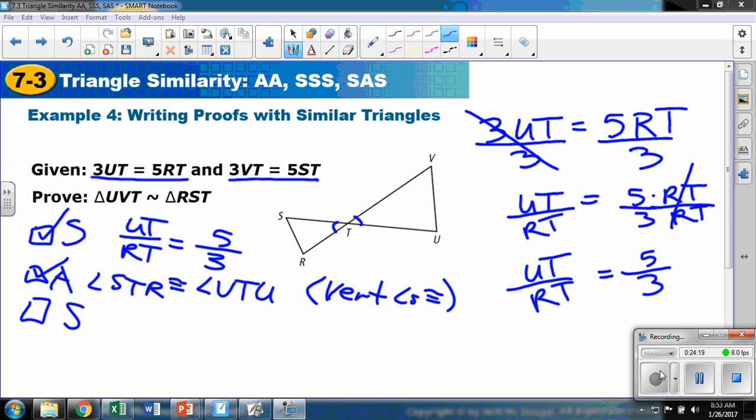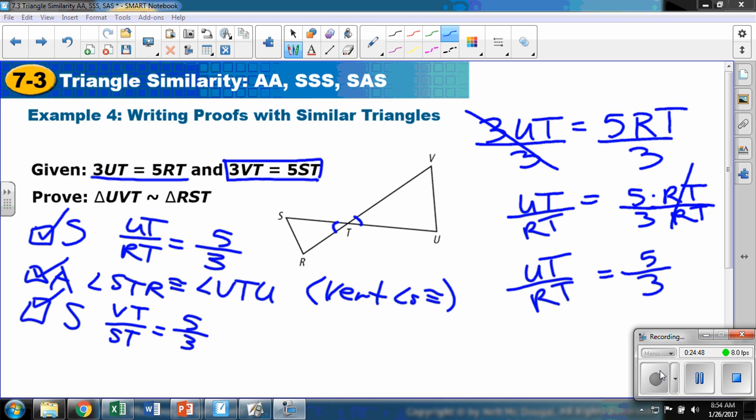Using a similar algebraic manipulation as to what I had over on the right, if you do the same process with this equation, you will wind up getting VT over ST is equal to 5 over 3. The exact same work with different letters.